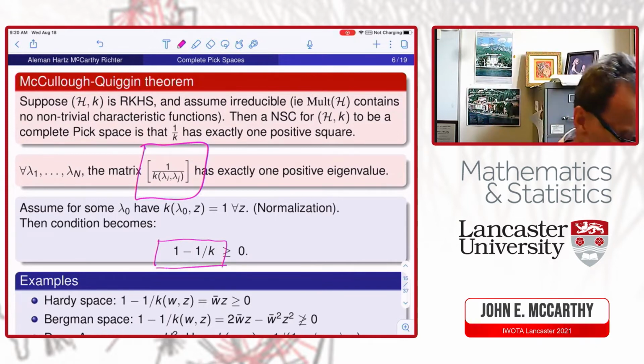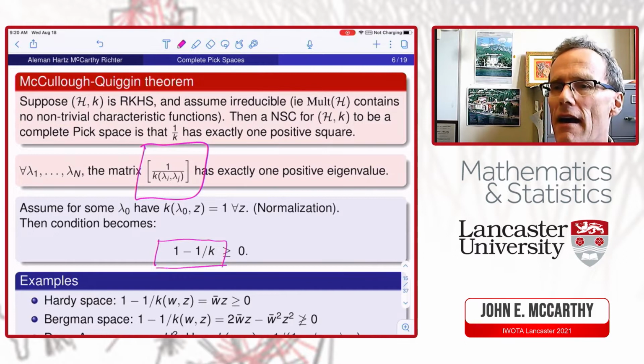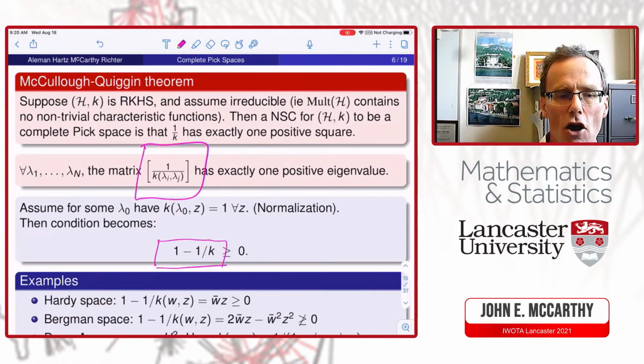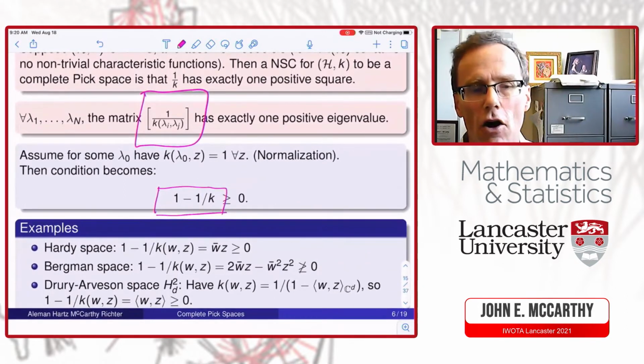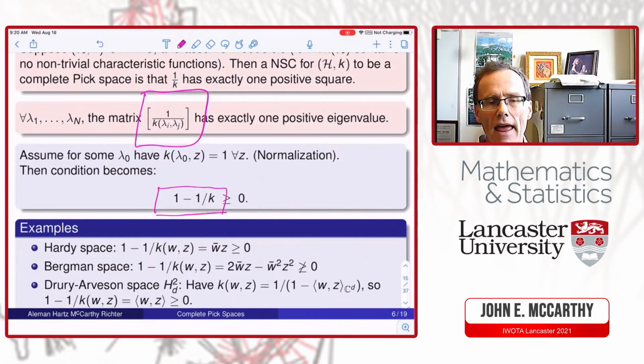where 1 over k means the reciprocal of k, the pointwise inverse, that this be positive semi-definite. And this is a very easy condition to check whenever you have the kernel in a concrete form. For example, if you take the Hardy space, then the kernel is 1 over 1 minus w bar z. So 1 minus 1 over the kernel is w bar z, and that's manifestly positive semi-definite.